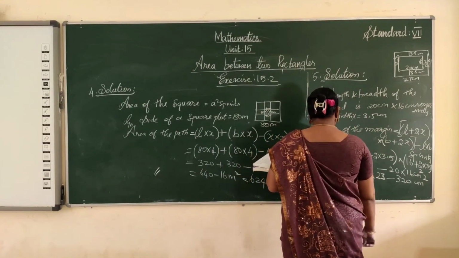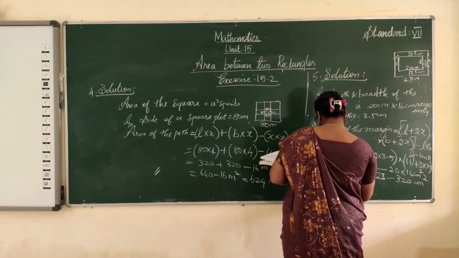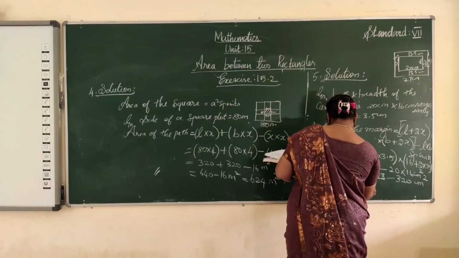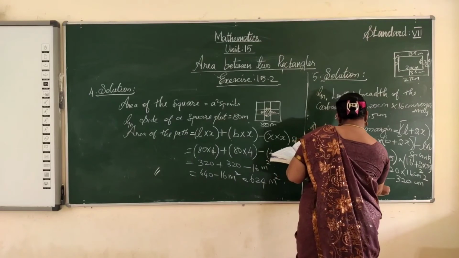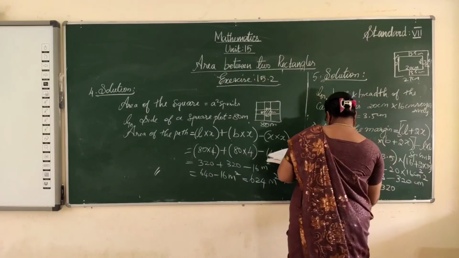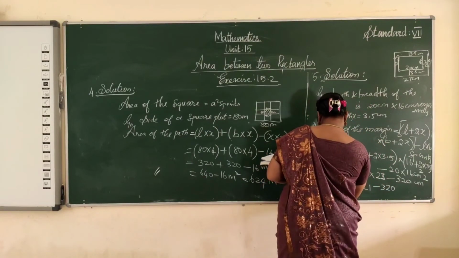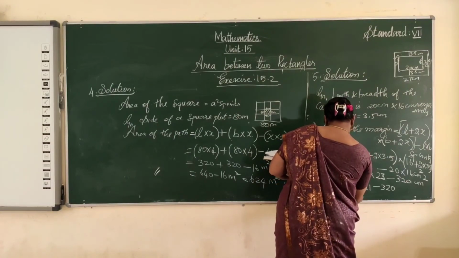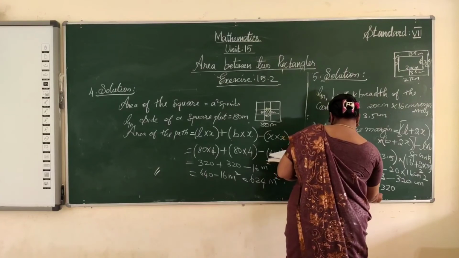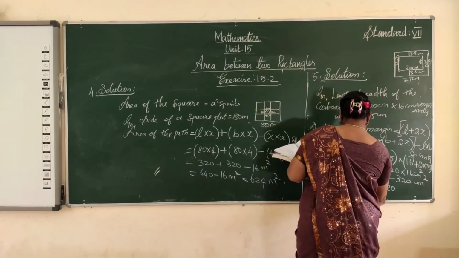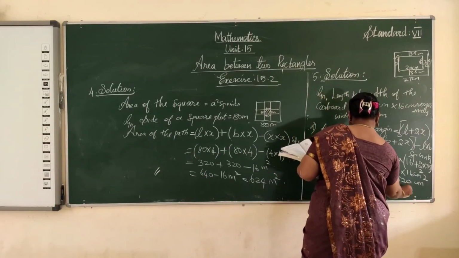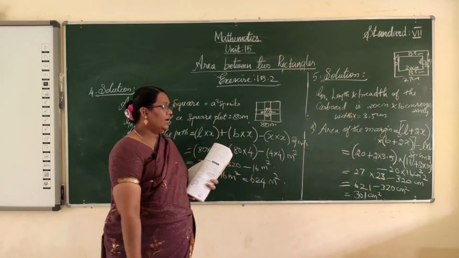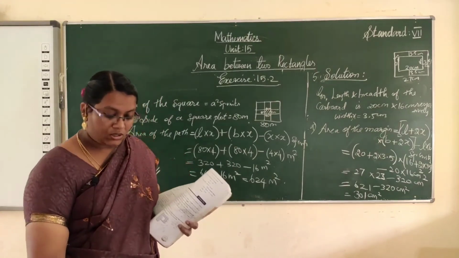So multiply 27 into 23, we get 621. 621 minus 320, we get 301 centimeter square. So area of the margin is equal to 301 centimeter square.